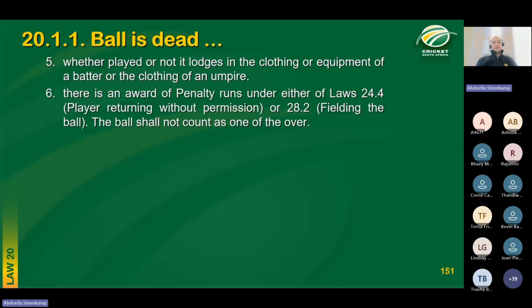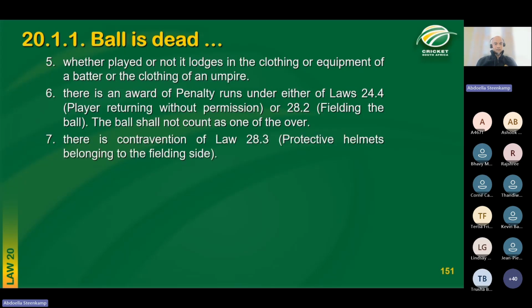The ball also automatically becomes dead, and we will cover this next week, under Law 24 when a player returns without permission, and under Law 28 when there was illegal fielding. As soon as this happens, the ball automatically becomes dead.